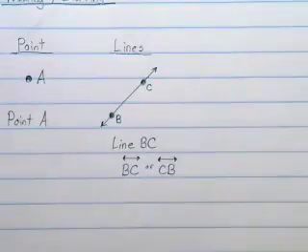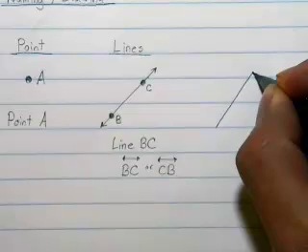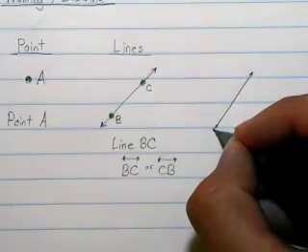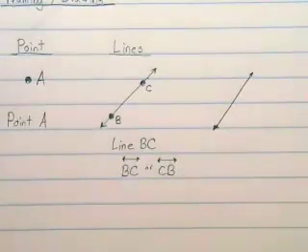Another way to name a line, not as often that we'll do it this way, but it can be done. Sometimes we want to just give a line a name not based on the points that it goes through. We just want to give it its own name. Call it something different. In that case, we can use a letter, but it has to be an italicized letter.